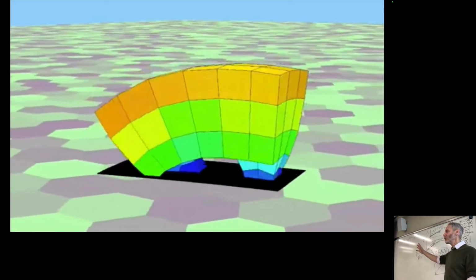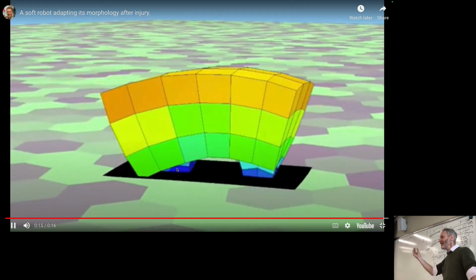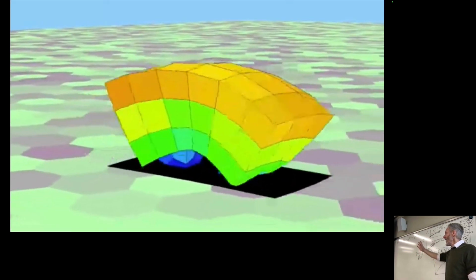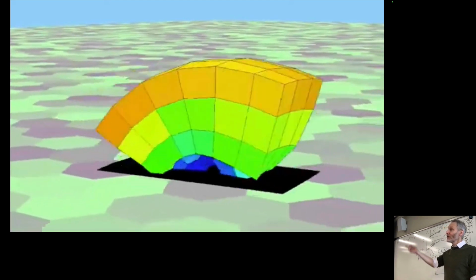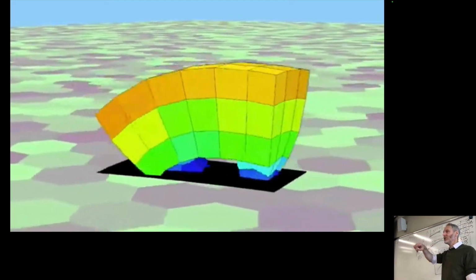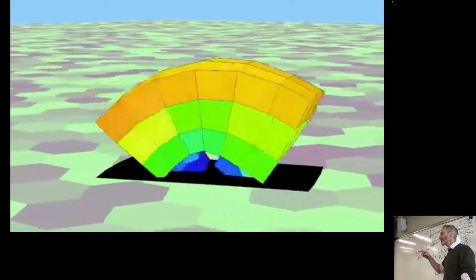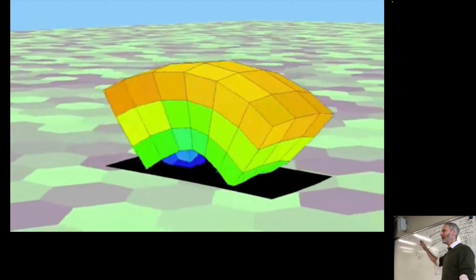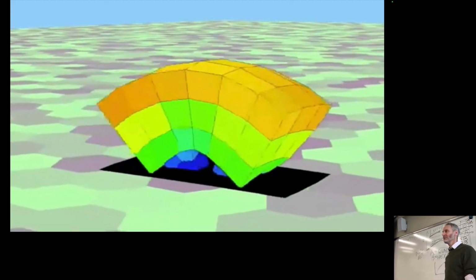All it needs to do is permanently change the resting length in the feet to retract or shorten those beams, and that produces a worm-like body, in which the controller that was previously producing four-legged locomotion in a four-legged machine now produces peristaltic motion in an anguilliform or worm-like body.